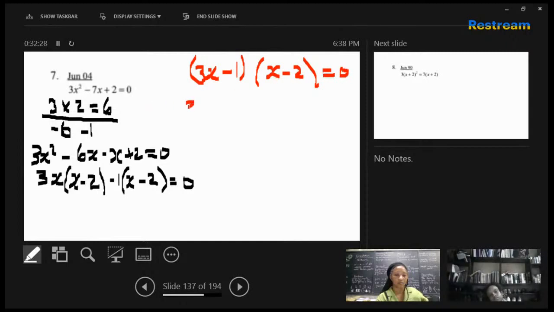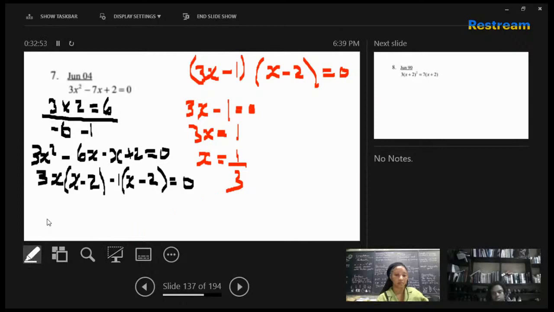So 3x minus 1 equals 0, and that would give us 3x equals 1, and x would be 1 over 3.